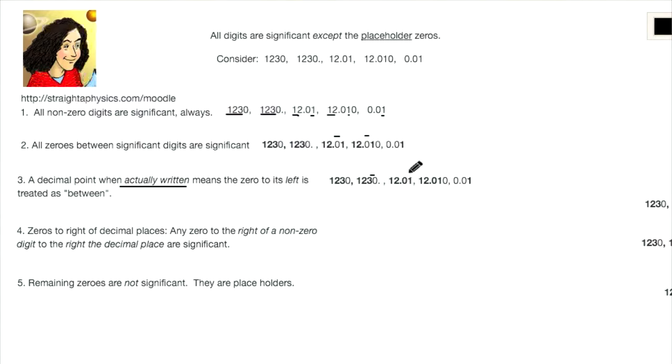If we have this here, we don't need to worry about it. They're all significant. Here's the decimal place. There's no 0 to its left. Here's the decimal place. This is treated as in between, but there's nothing to its left, so it's not significant. So this one got promoted, and here's where we are now. So we'll use that for the next one.